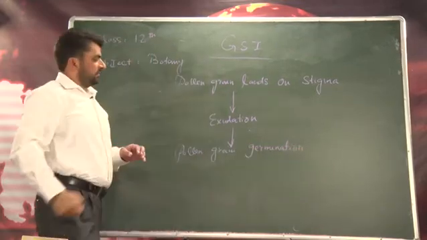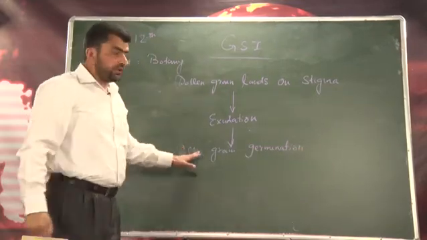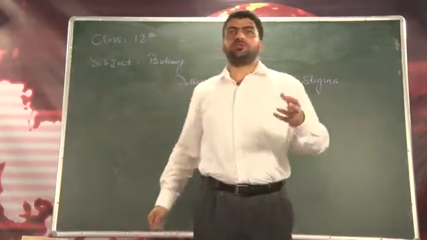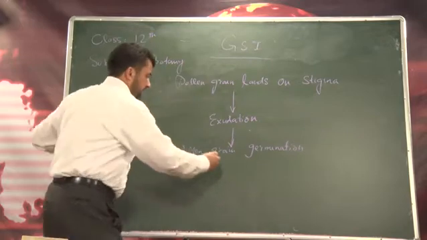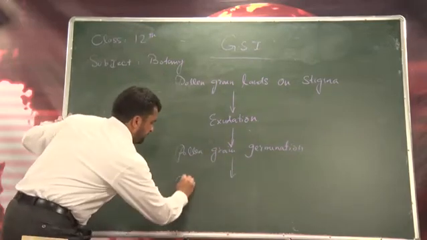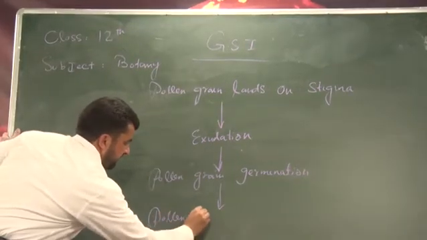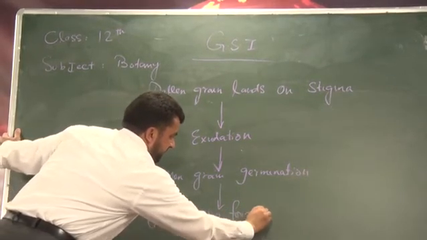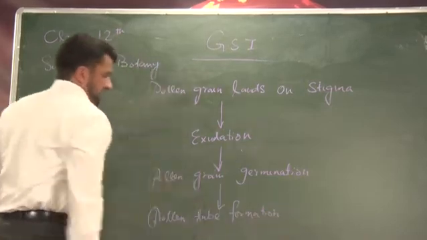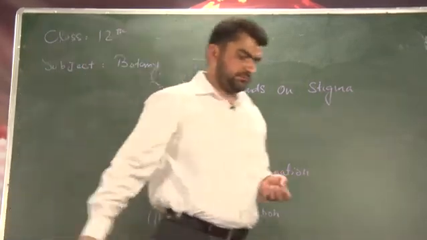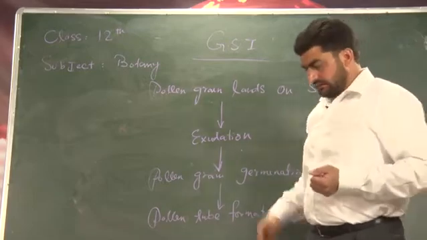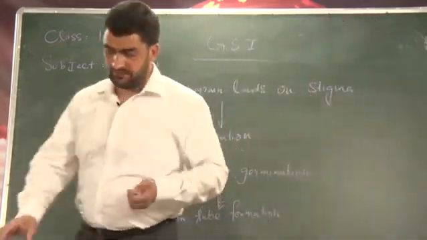Pollen grain germination means the formation of the pollen tube, okay, pollen tube formation. Now, this pollen tube passes through the stigmatic surface and then reaches the style.